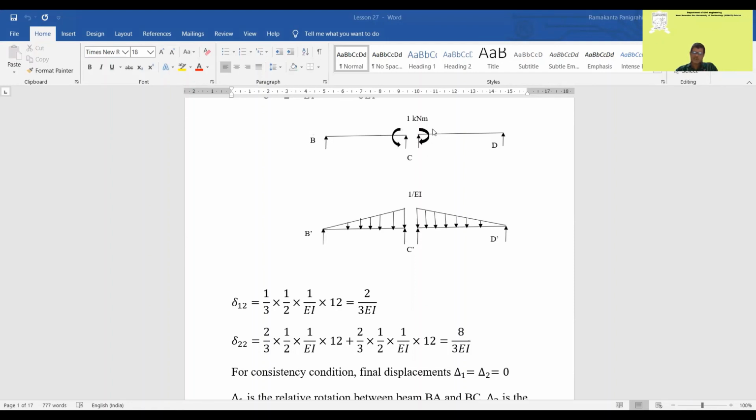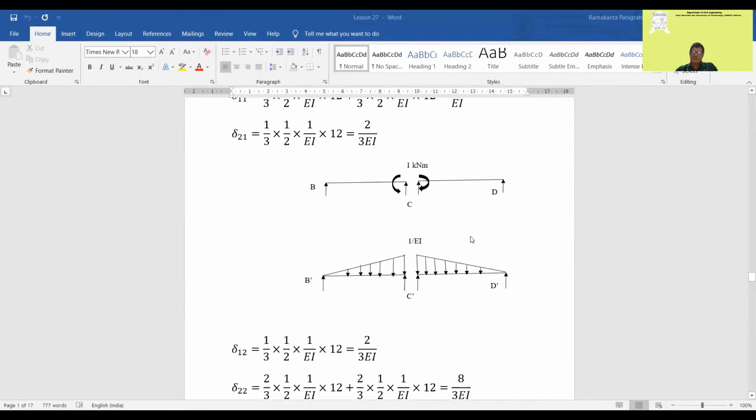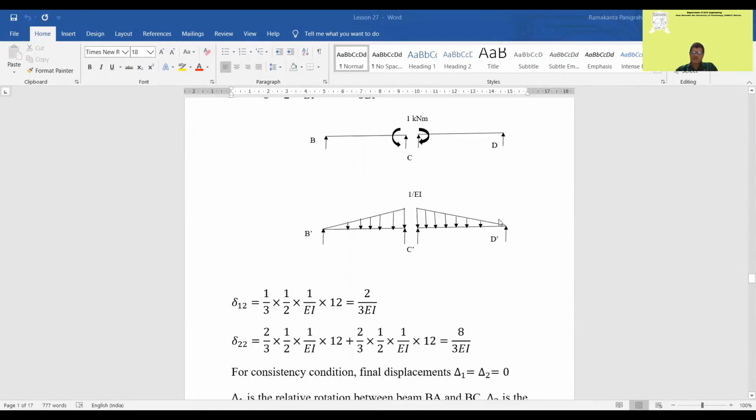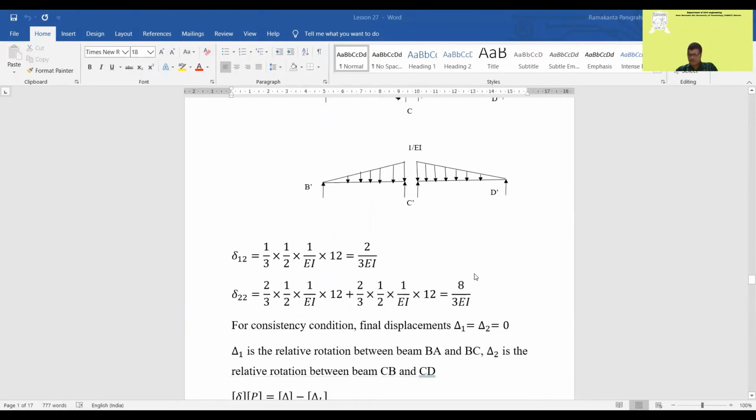Rotation at C corresponds to the shear at C dash from both the spans. So you will find similar values like this because it is a similar problem and the spans are the same. So we will find the same values here also.